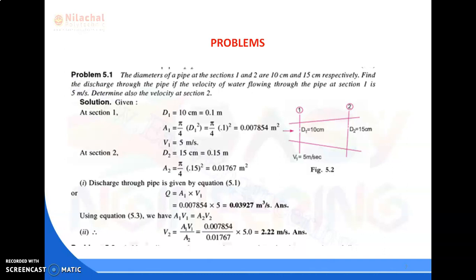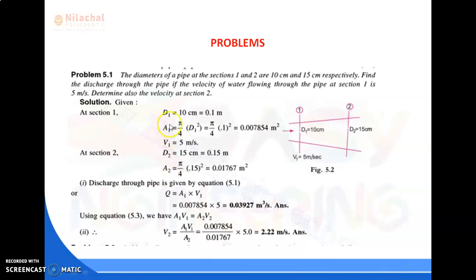Determine also the velocity at section 2. This is the figure we have to draw: the diameter at section 1 is 10 cm, at section 2 it is 15 cm, and the velocity is given as 5 meter per second. We have to find the velocity at section 2 and also the discharge. So two things we have to find out.